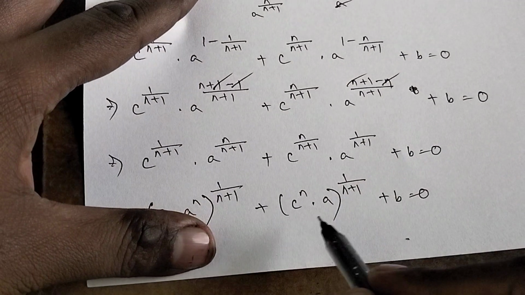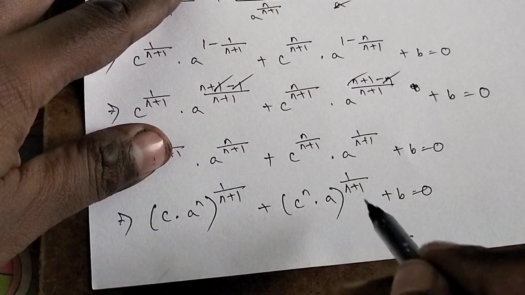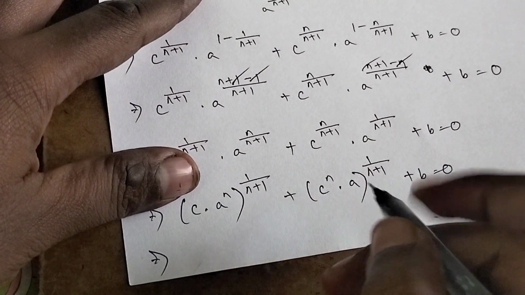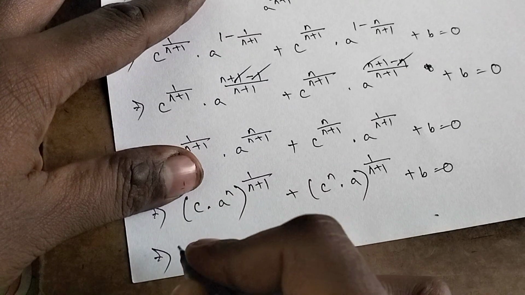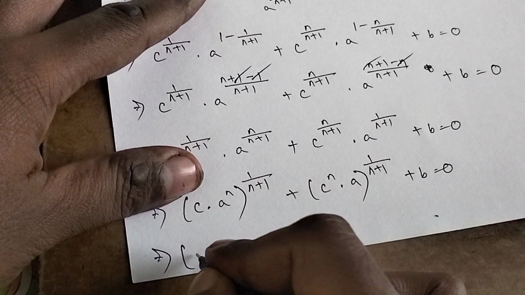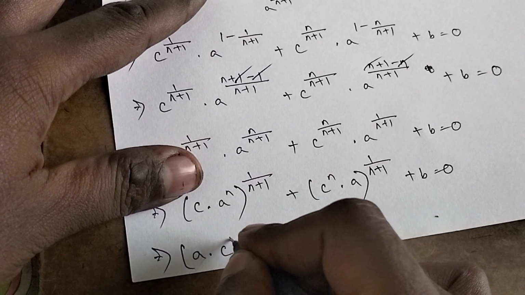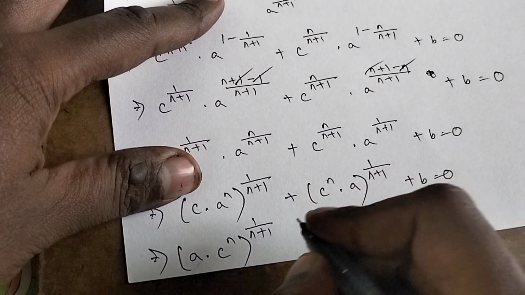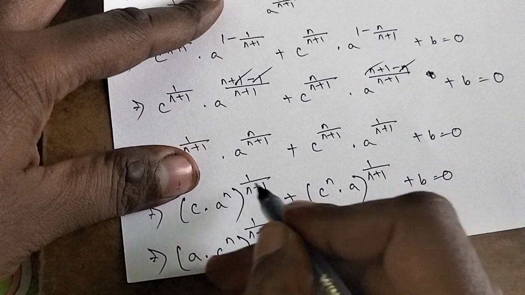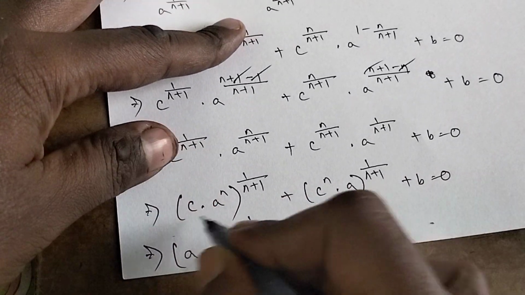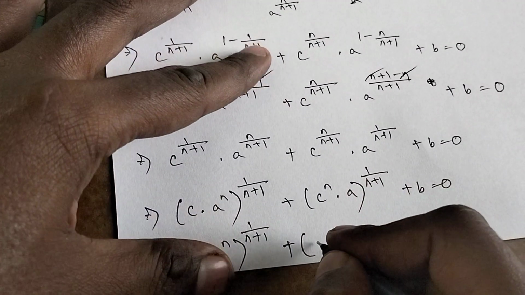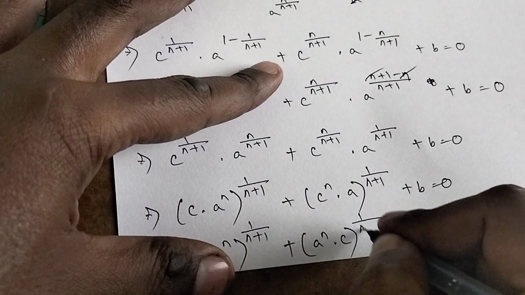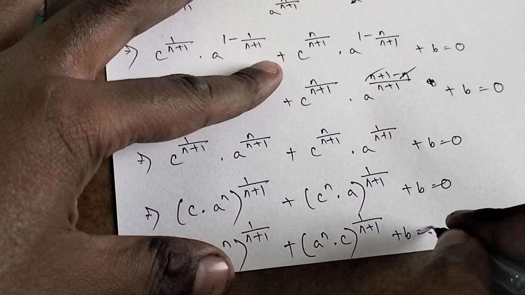So we can write this first number as c to the power n, so we write a into c to the power n, whole to the power 1 by n plus 1, and then this number as a to the power n into c, whole to the power 1 by n plus 1, plus b is equal to 0.